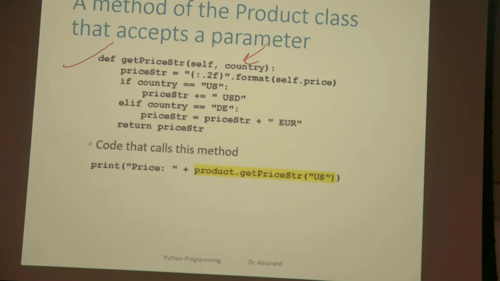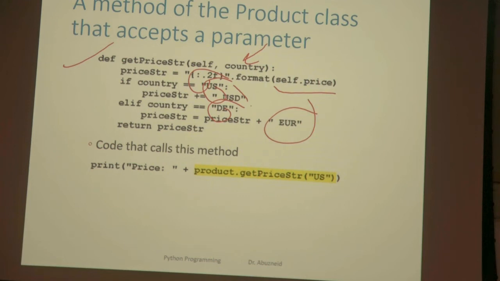So price string equals, and I'm using the format. Self.price is usually a float, right? If the country is US, then to the price string you add USD. If the country is DE, stands for what? Dutch or whatever. Okay, then I will add the EUR, the European currency, to it.